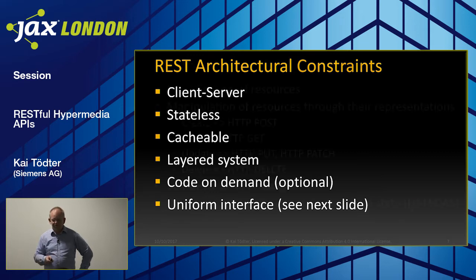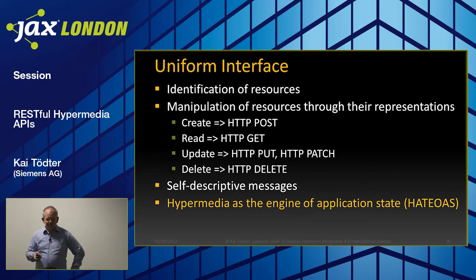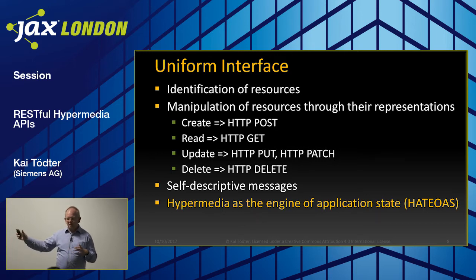For a uniform interface, I have a whole slide. Within REST, we identify so-called resources. The resources are basically related to the internal model of the service, but we never know the internal model of the service.